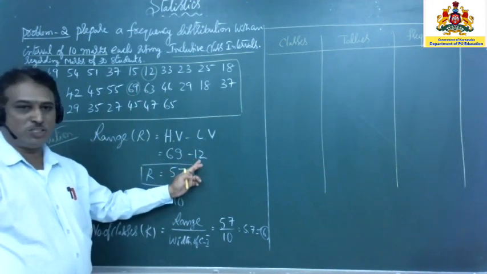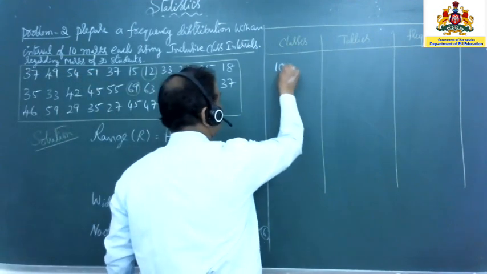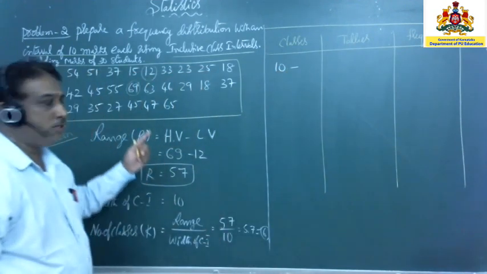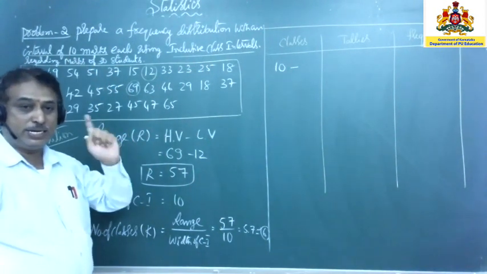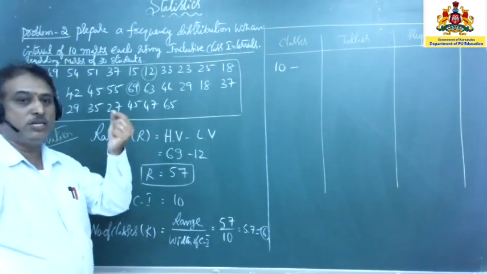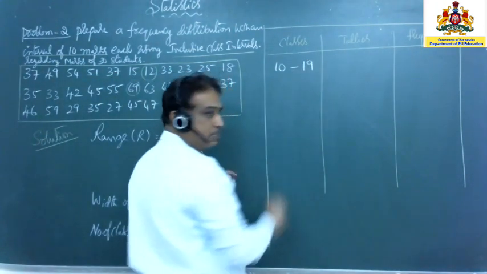The lowest value is 12. You can start from 10. The width is 10. 10 plus 10 is 20, but it is the inclusive type of class interval, so you should take one less. That is nothing but 19.